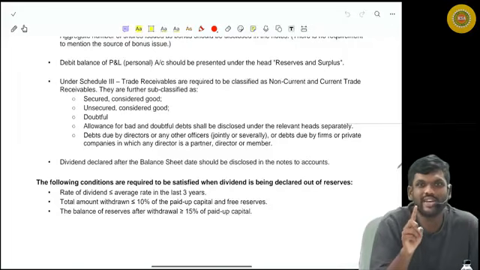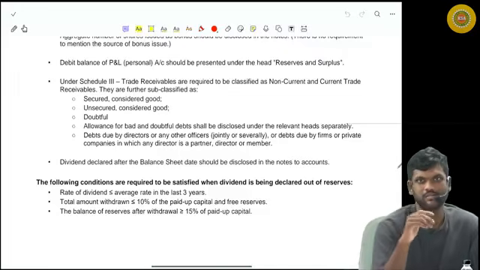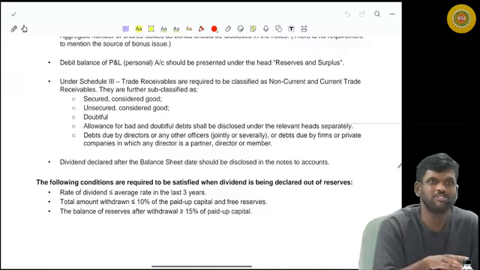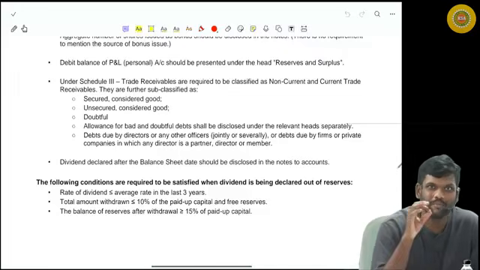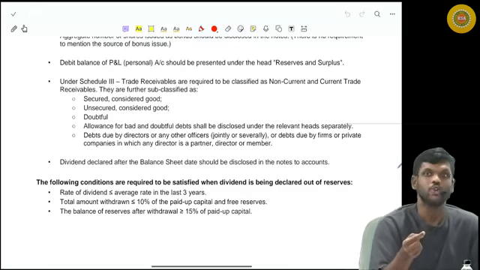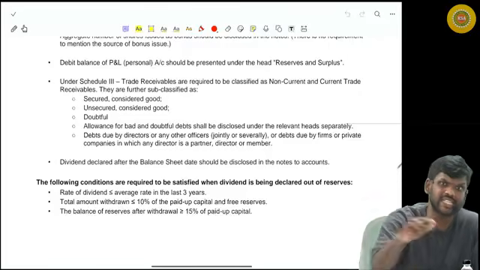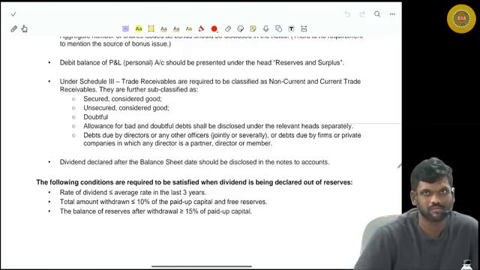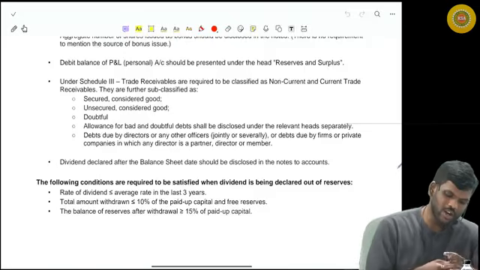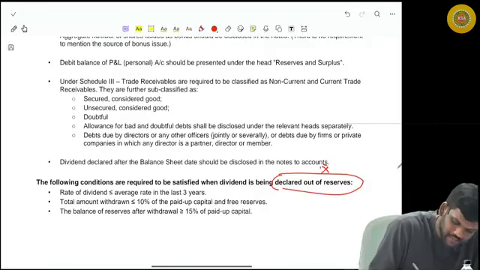That is only called as distribution of dividend from reserves. If you read somewhere, distribution of dividend from reserves, that means your current year profit is not sufficient, so you are using your past accumulated profits, which is reserves, to distribute the dividend. So that is only called as declaration of dividend out of reserves.